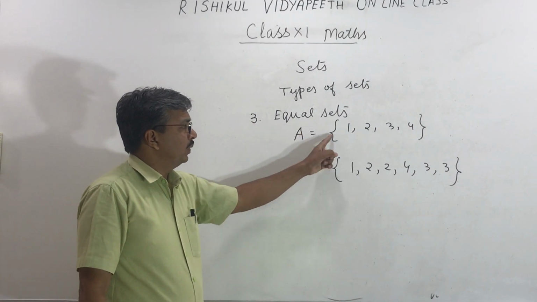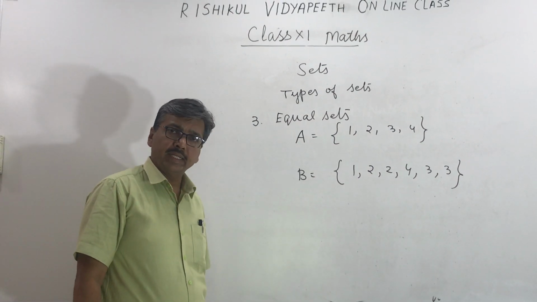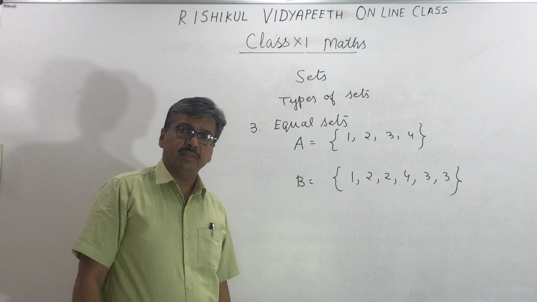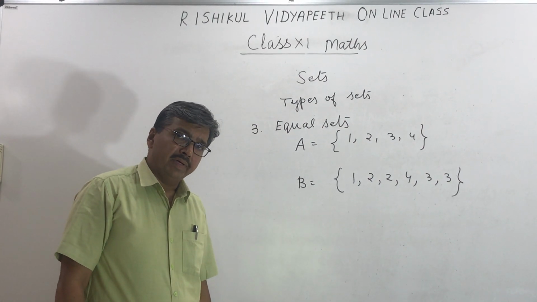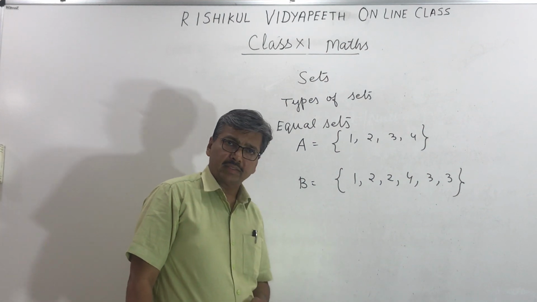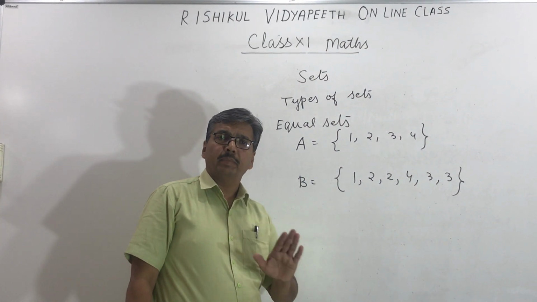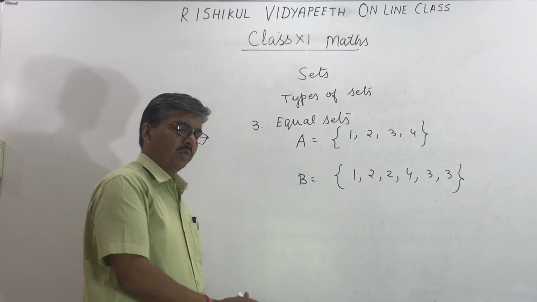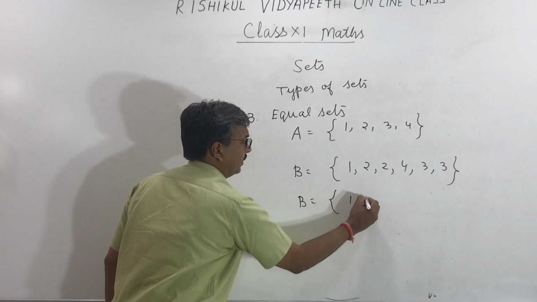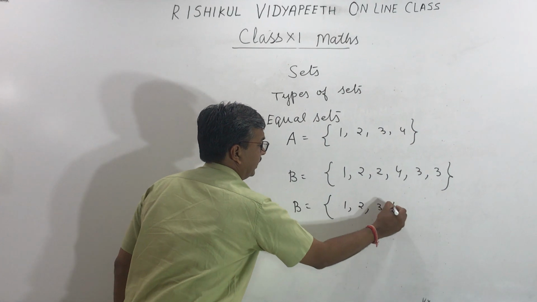Set A has 1, 2, 3, 4, 4 elements. But set B has 6 elements. When we write a set and its elements, generally we don't repeat the elements. Therefore, set B can be written as 1, 2, 3, 4.